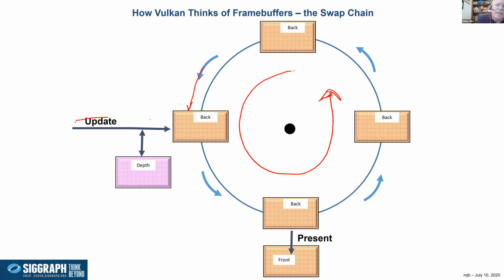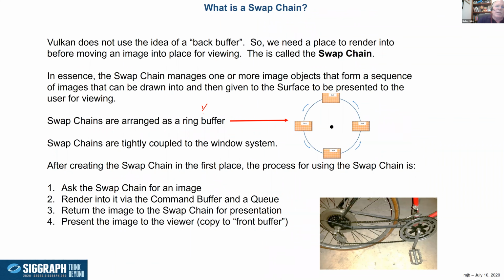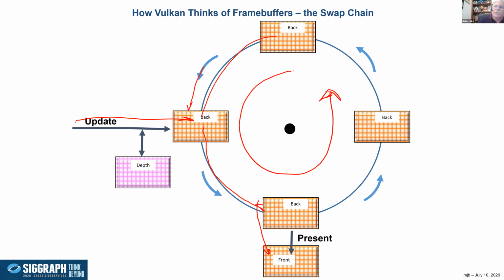You update into it. When it's all done, it gets rotated over here and presented to the viewer, and a new back buffer comes into place to be updated into. And so they just whirl around in this ring buffer.